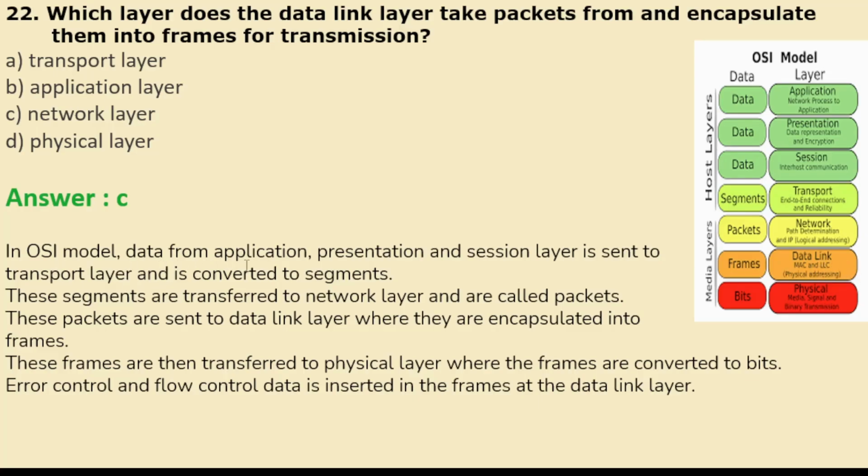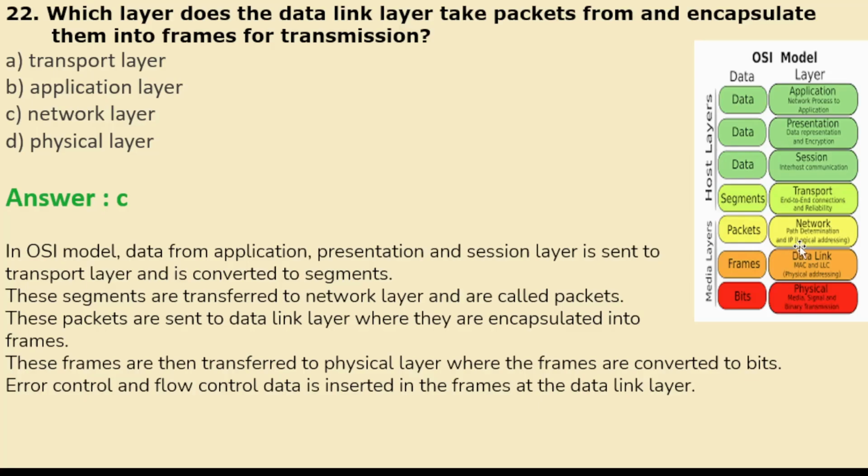So in the OSI model, data from the application layer, presentation layer, and session layer is sent to the transport layer and is converted to segments. So data is taken from the user, converted to segments, and passed to the transport layer. These segments are transferred to the network layer and are called packets.